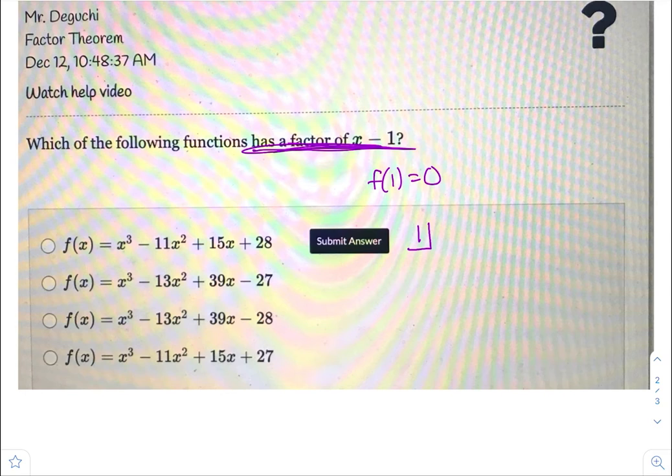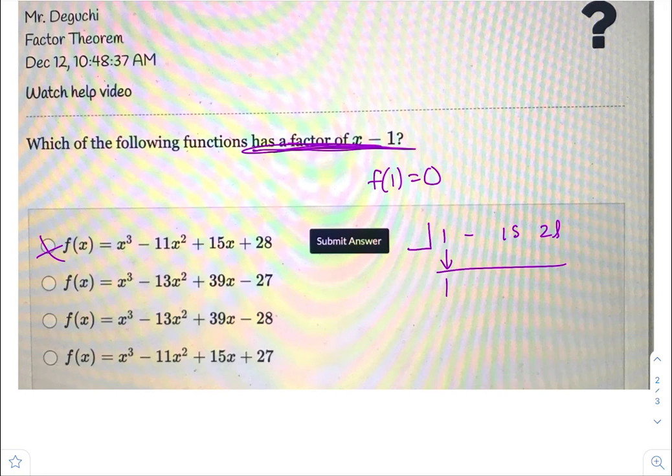So 1, and remember, opposite of the number in the factor. So we got 1, negative 11, 15, and 28. This is the first one, so let's check it out. 1 times 1 is 1, negative 10 times 1, negative 10, add 5. Okay, that's not going to give us a 0, so we know it's not going to be that one. Remember, if it's a 0, then we know it's a factor.